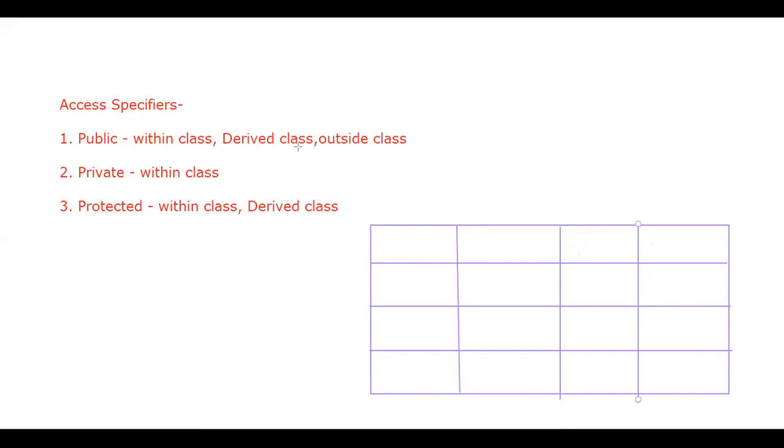First access specifier mode is public, then second one we will consider as private, and third one we will consider as protected. And here we will write the scope.